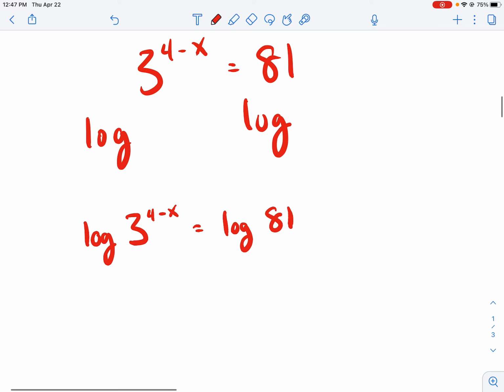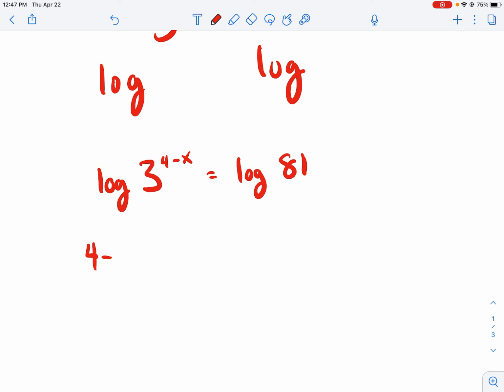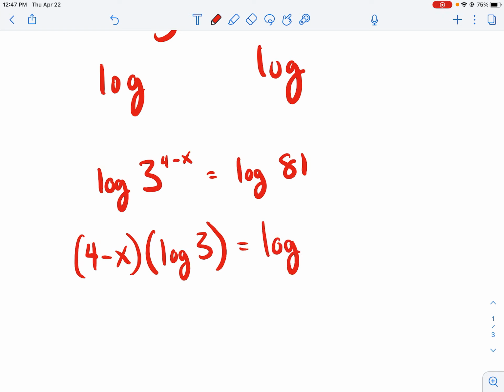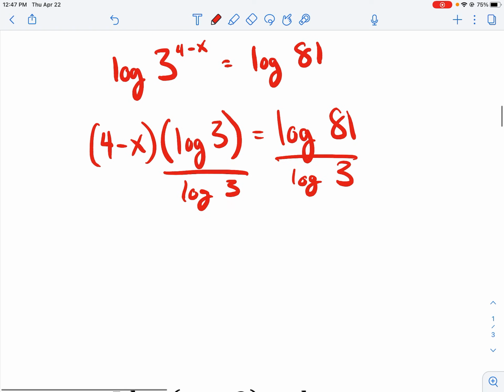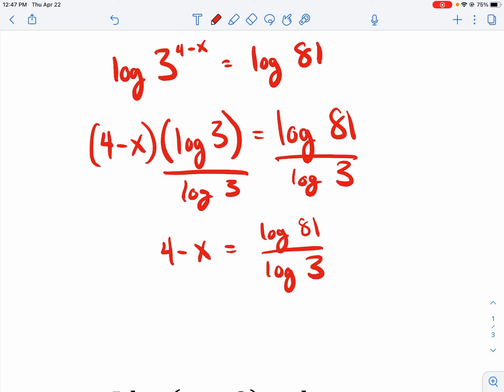And I use the power property and bring those guys to the front. Then I divide by log of 3, just trying to get this guy by itself.